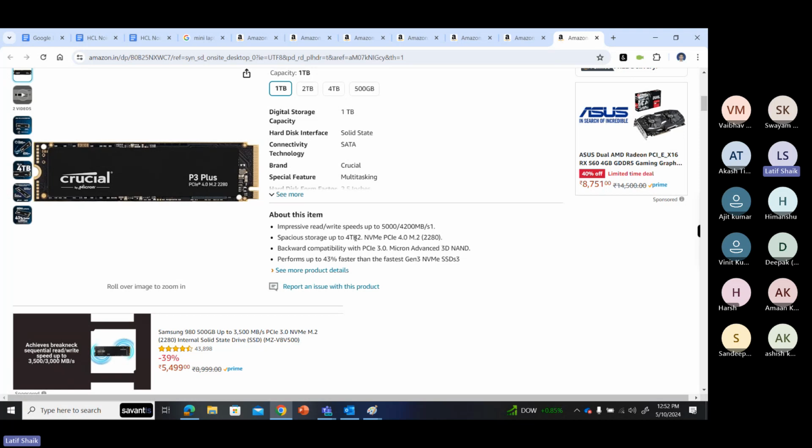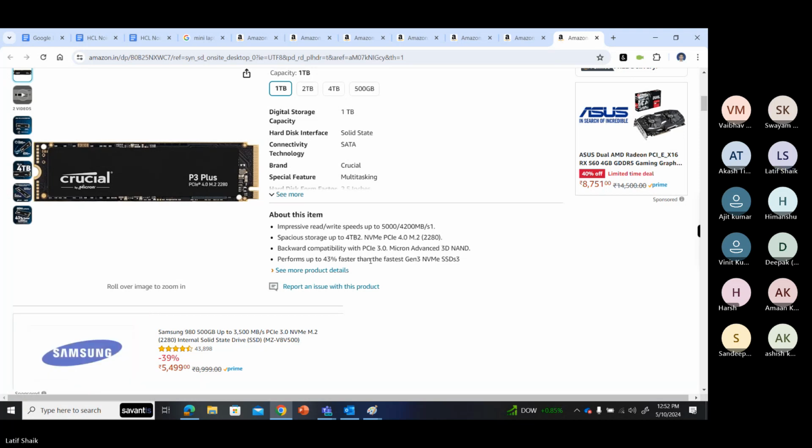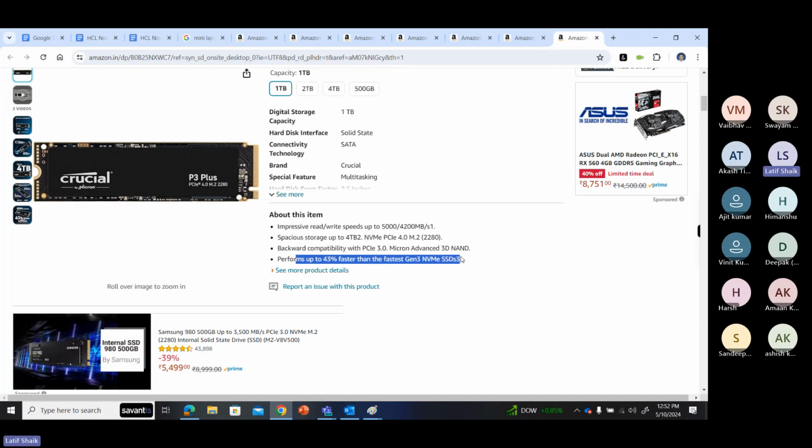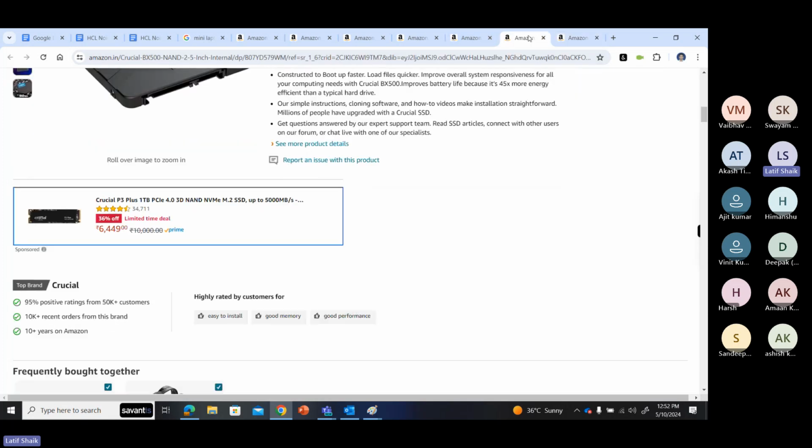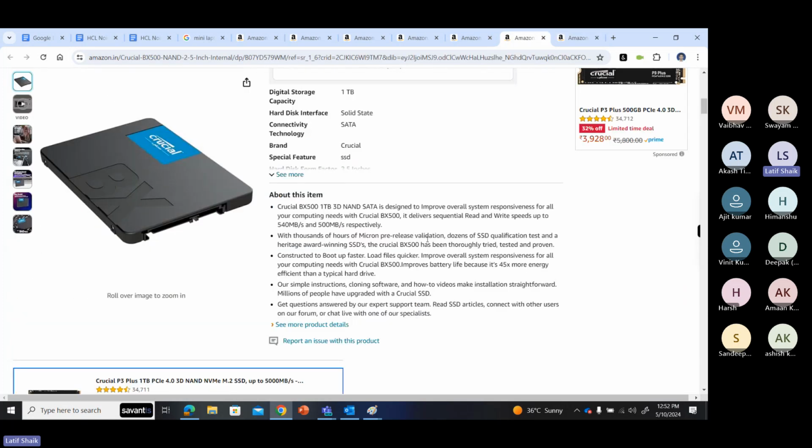So obviously it achieves more speed. It is 43% faster than generation 3 NVMe type. See the read and write speed, 5000, 4200. What is the speed here? 500. How much difference? 5000 to 500, 10 times difference.